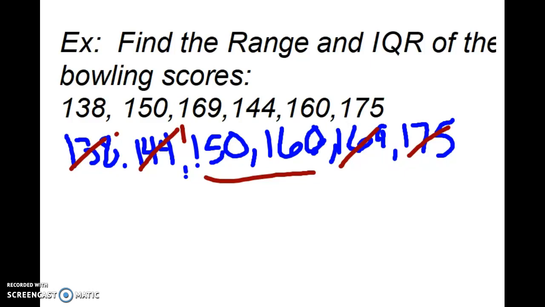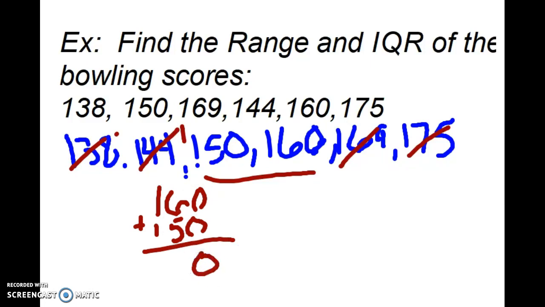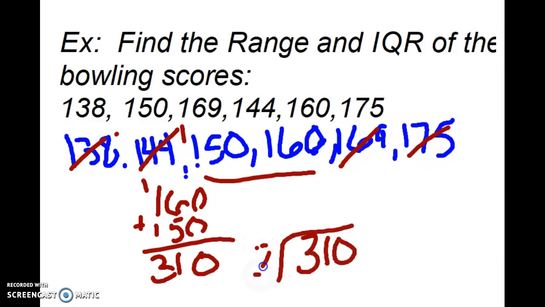So in order to find out what our median is, we have to first find the average of the 150 and the 160. We do that by adding the 2 numbers together, 160 plus 150, and get 310, and then we take that answer and divide by 2.